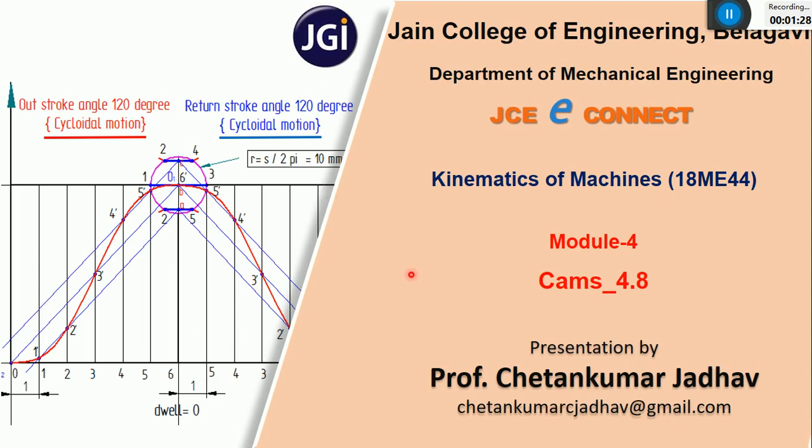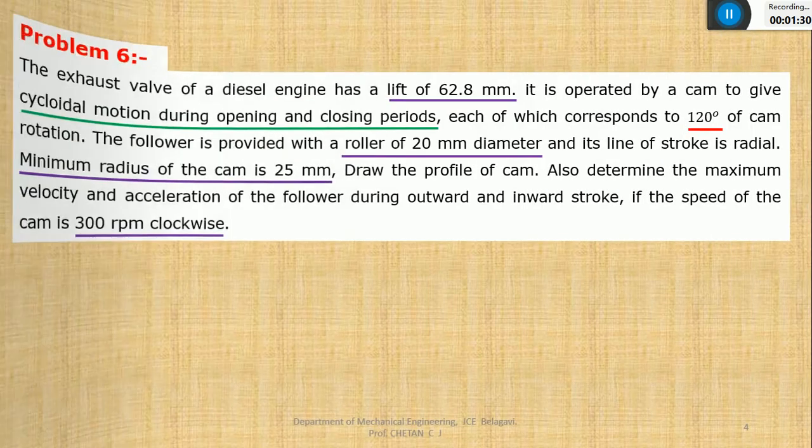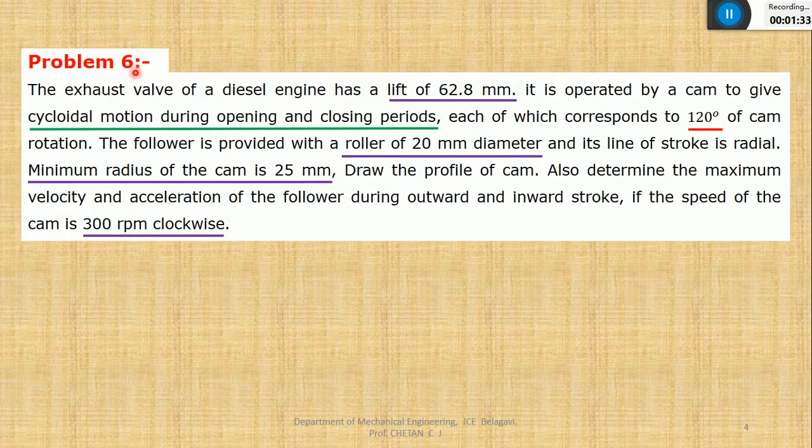Let's get started with today's problem. Problem number 6. First I'll read out this problem. This is the application type of follower in which, as I discussed earlier, cam and follower will be used to operate the inlet valve and the exhaust valve of an IC engine. The IC engine will be having an inlet port and an exhaust port.